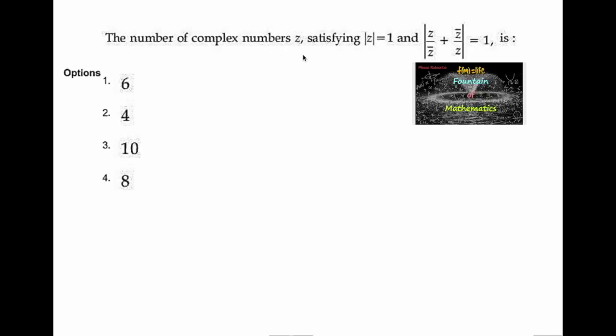We need to find the number of complex numbers z satisfying mod z is equal to 1 and mod of z upon z bar plus z bar upon z, which is equal to 1.